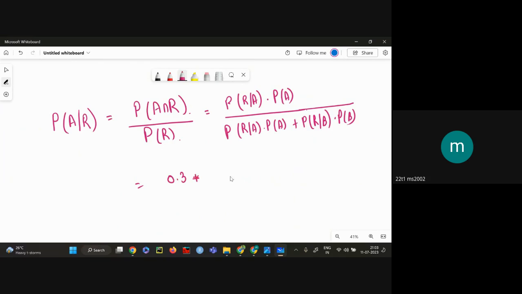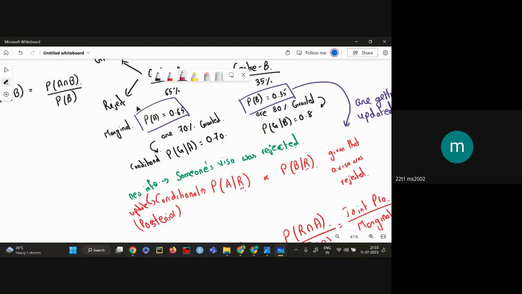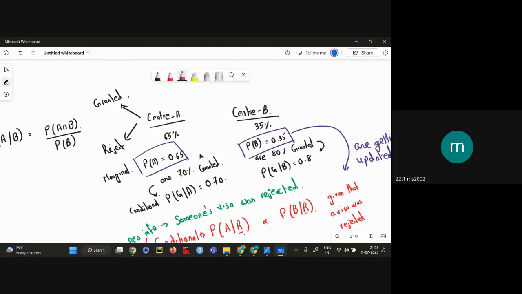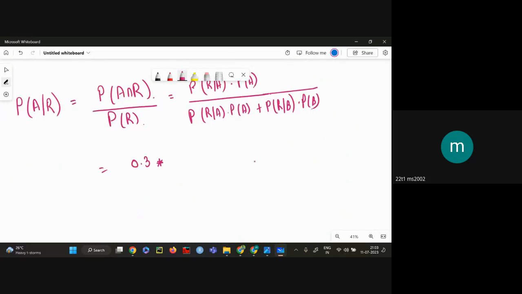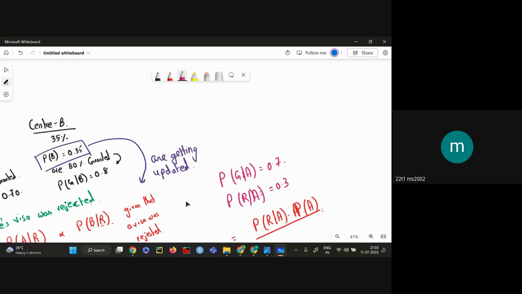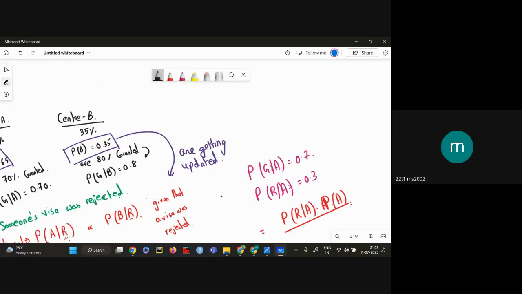What is the marginal probability of A? That is going to be 65%. So 0.65 divided by 0.3 into 0.65 plus, similarly for B. Again, I have two options for B, grant or reject, right?